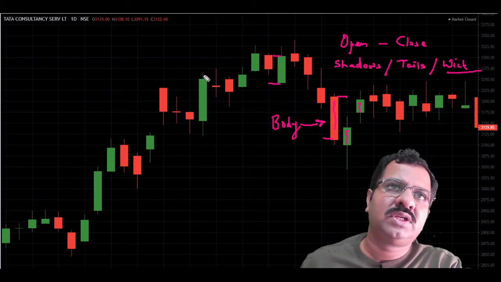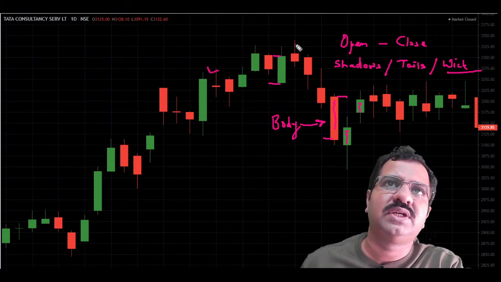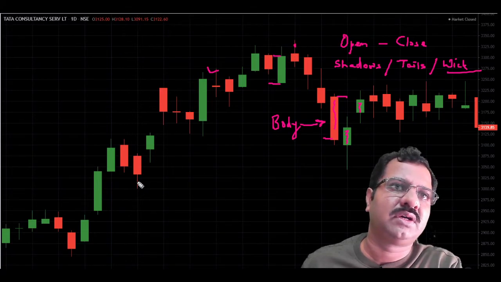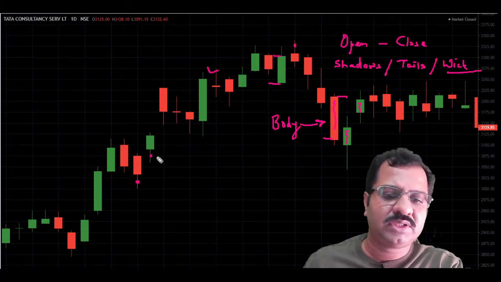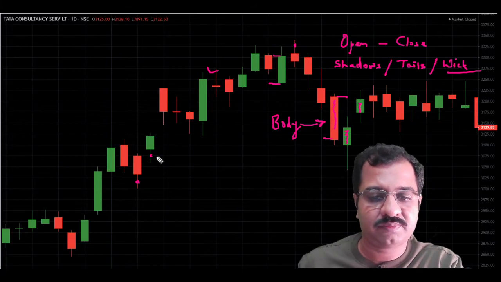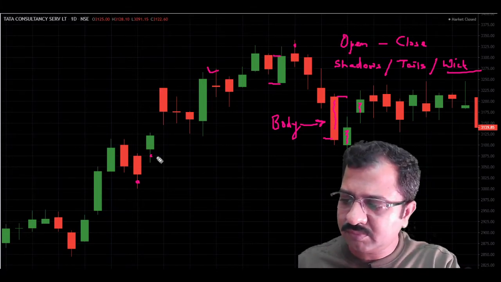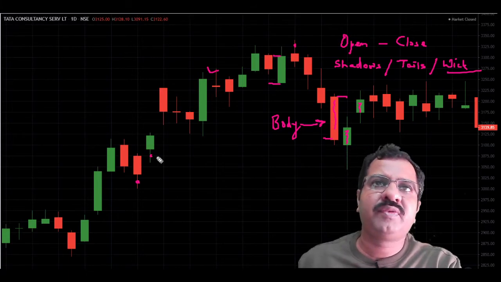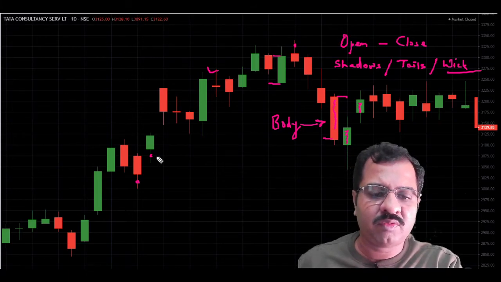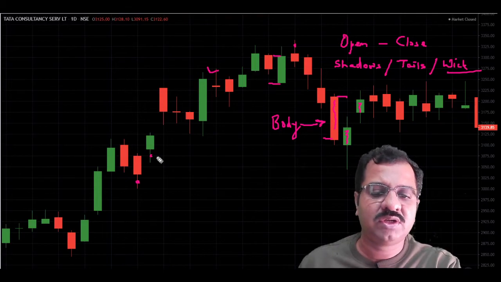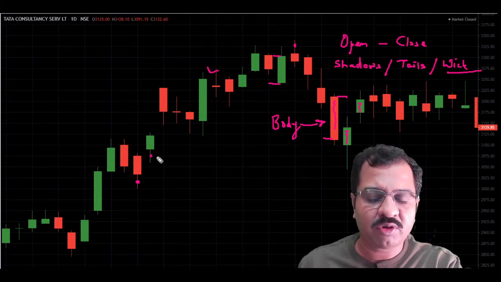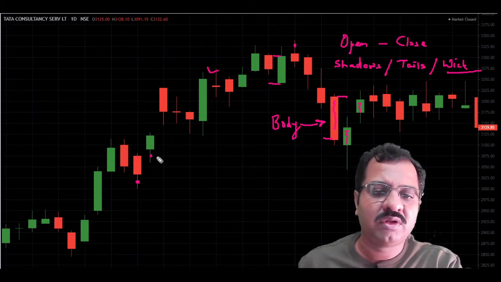So these lines which you are seeing, these here, here, these are called wick. Okay, so we briefly saw today what is a candlestick, what is OHLC, that is open, high, low, close. We saw what is body of the candle, and we saw what is wick.